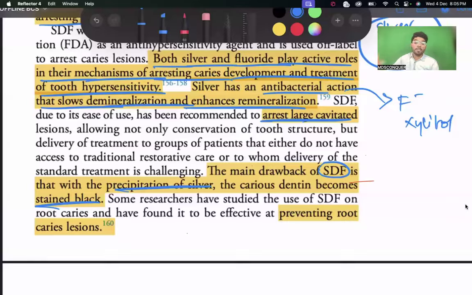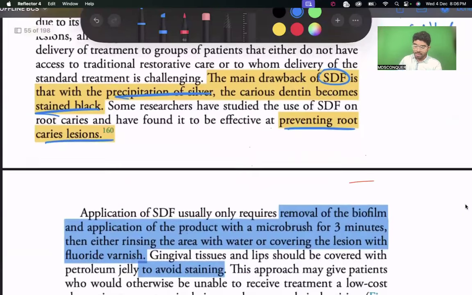It is SDF, because the most important drawback of SDF is precipitation of silver leading to black color. This can also be effective in preventing root caries. I told you it can be used in dental hypersensitivity. It can be used in cavitated lesions. It will prevent caries and root caries lesions also.